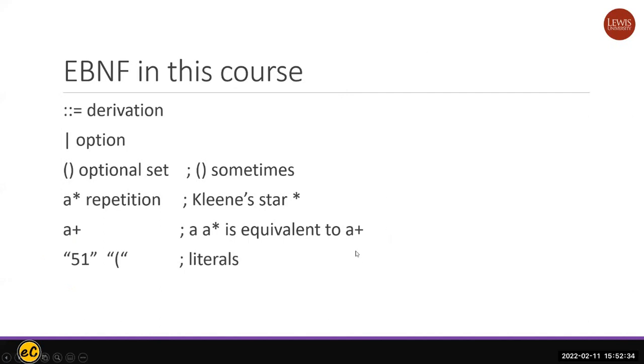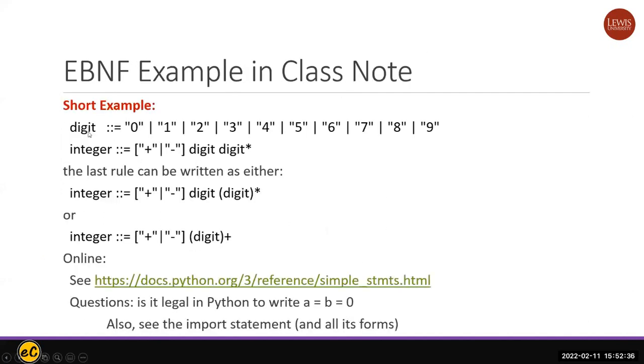And a quoted string is a literal, a combination of letters. So your digit is defined like this. Integer is defined as plus or minus, then digit with digit star. And integer can be defined like this, one or more times. These are the digit rules written in the EBNF format.